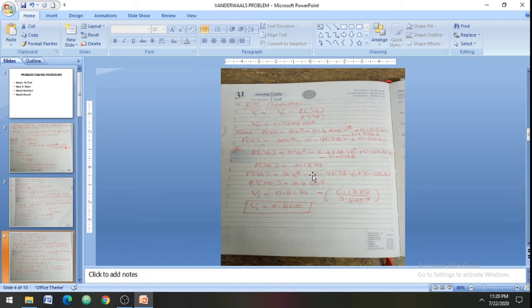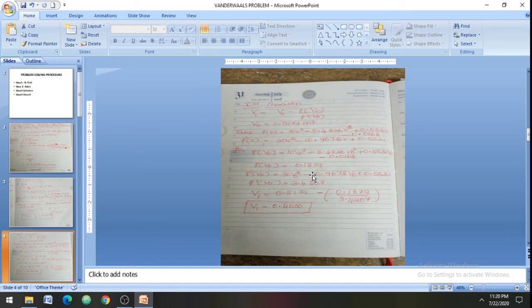We have the expression f of V, so we substitute the V naught value in place of V and find out f of V naught. F of V naught is equal to 0.1879.